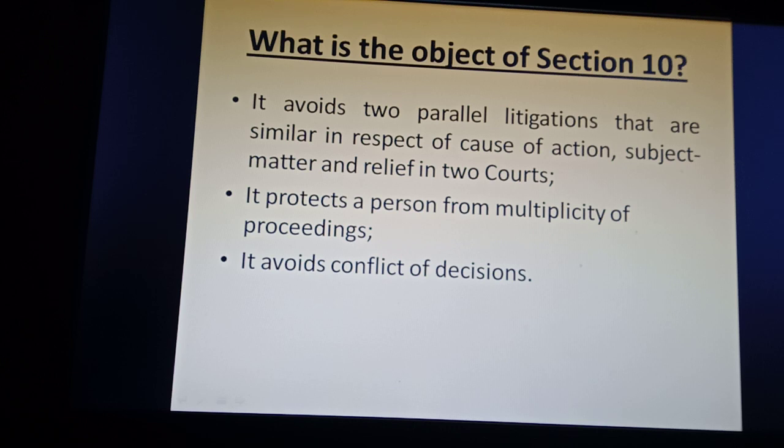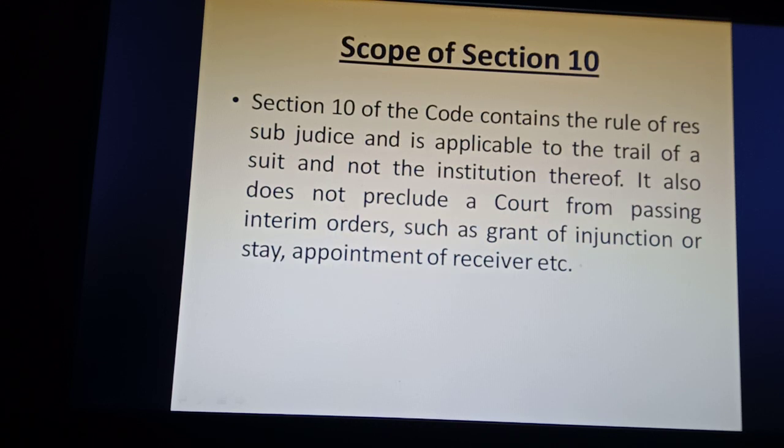For one cause of action, one subject matter, and one relief, there should not be two suits. And it avoids the conflict of decisions that may arise when two instituted suits are decided by different courts.